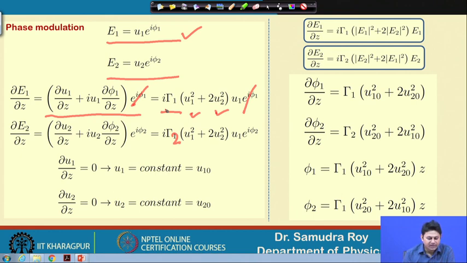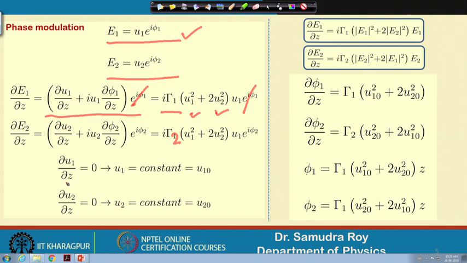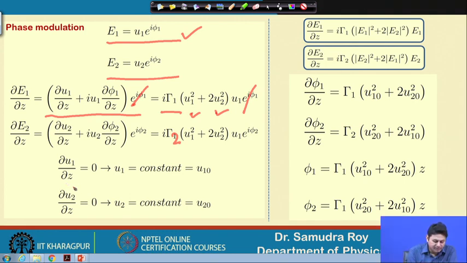Now, on the left hand side we have a real and imaginary term. So, if I match these two, we know the theorem that if a complex quantity is equal to another complex quantity, the real term on the left hand side must be equal to the real term on the right hand side, and the imaginary term on the left hand side will be equal to the imaginary term on the right hand side. So, here we are using the same principle. That means dU1/dz has to be 0, because there is no real part on the right hand side of this equation.